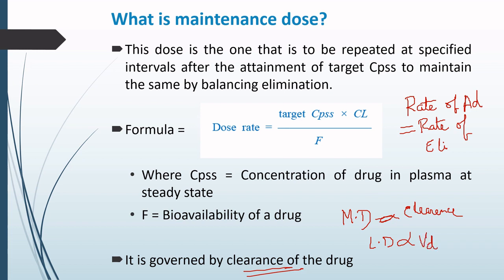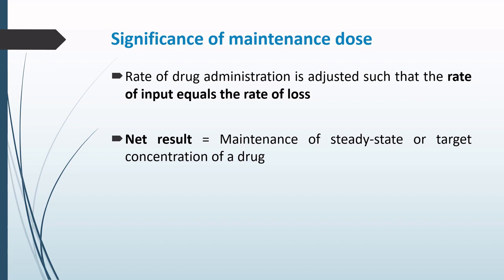So what is the significance of maintenance dose? In maintenance dose, as I've already told you, the rate of drug administration is adjusted so that the rate of input equals the rate of loss. So the net result is the maintenance of a steady state or the target concentration of a drug in the plasma.